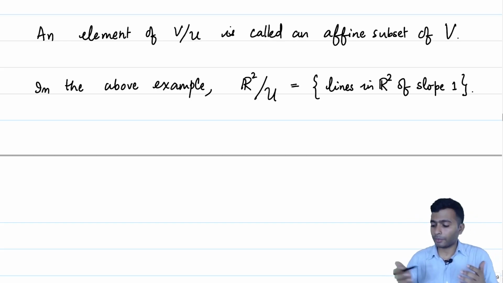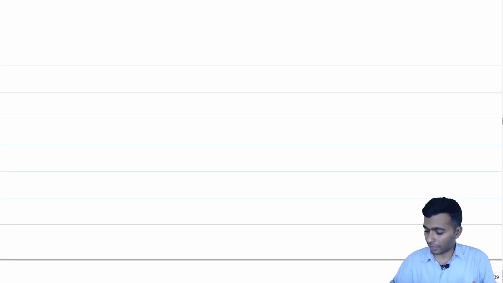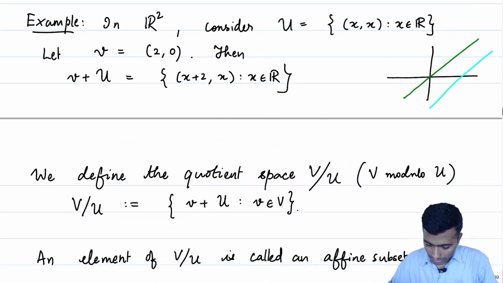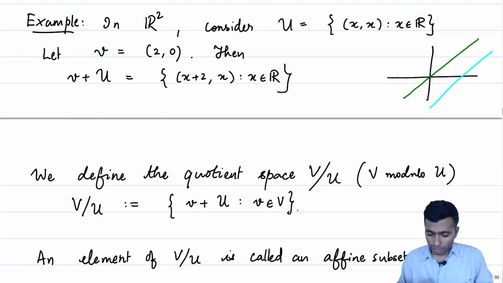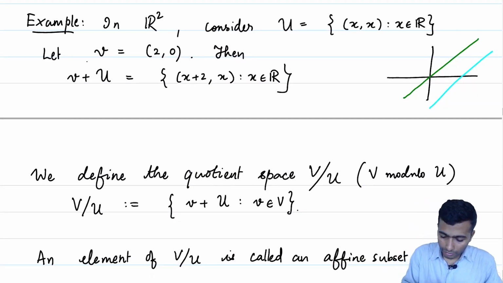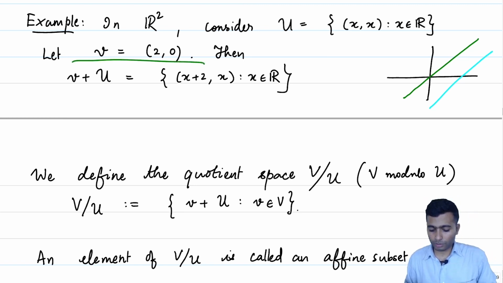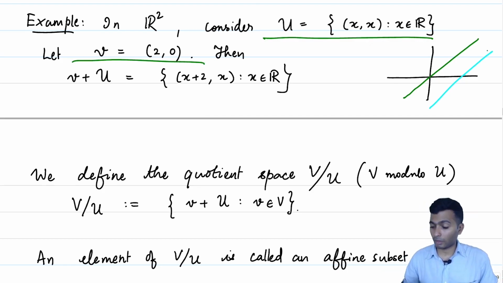But before we get into the definition of vector addition and scalar multiplication, let us make a few observations. So, observe that when we talked about the affine set in this case, where v was 2 comma 0 and U was this, what we obtained is an entire set.